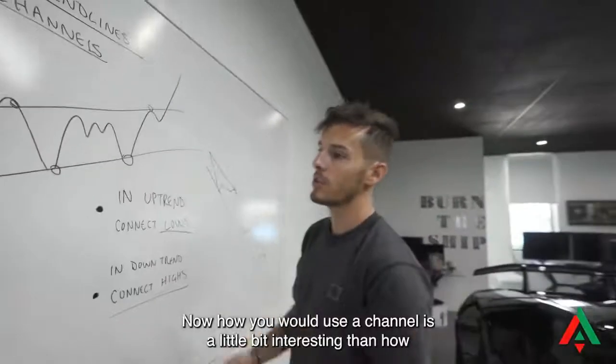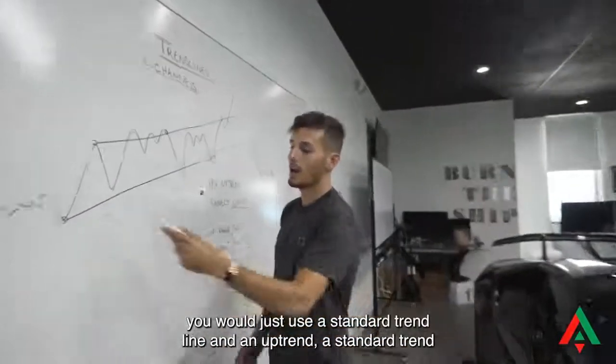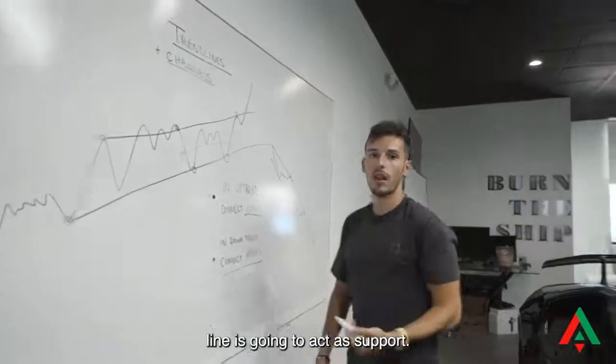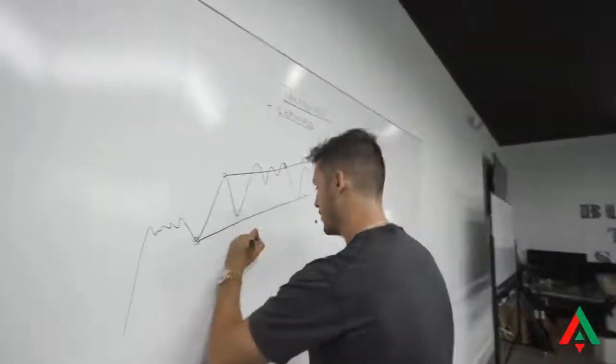Now, how you would use a channel is a little bit more interesting than how you would use a standard trend line. In an uptrend, a standard trend line is going to act as support. So let's write that down as well.